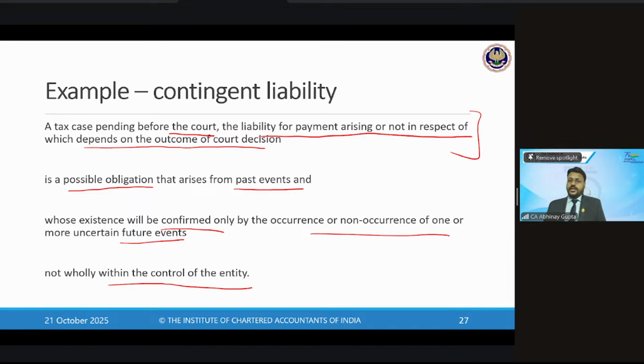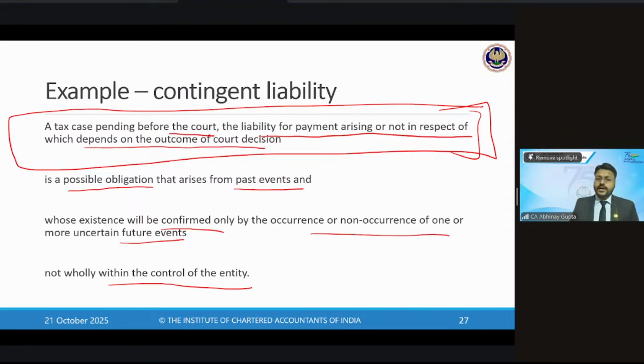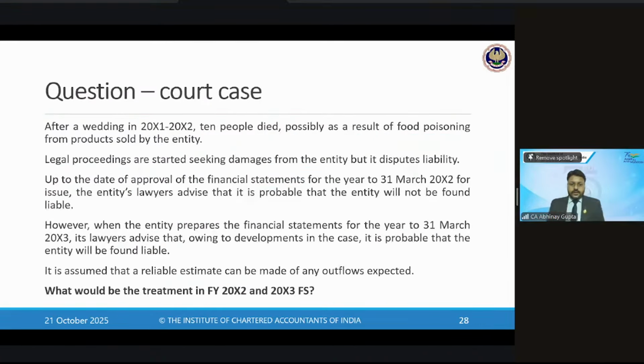It is a possible obligation and will be confirmed by the decision of the court, which is a future event not in the control of the entity. Hence, this will be disclosed as a contingent liability if the provision is not made because the provision criteria were not met. Correct? Yes. Okay. So let's do this one.